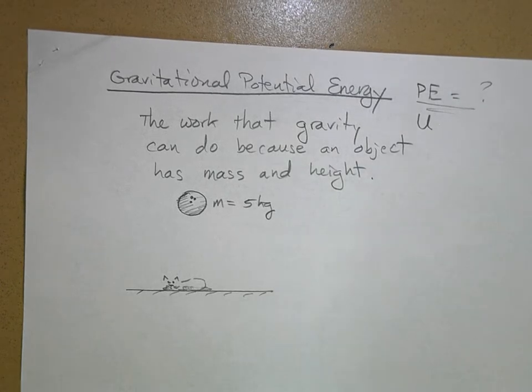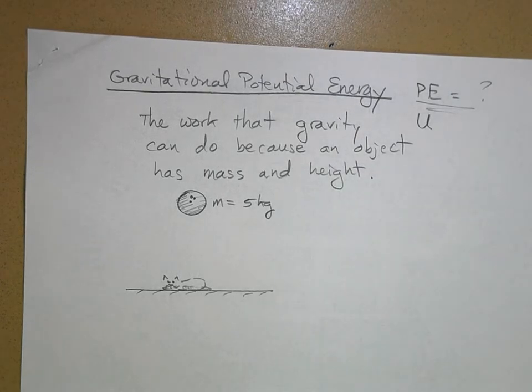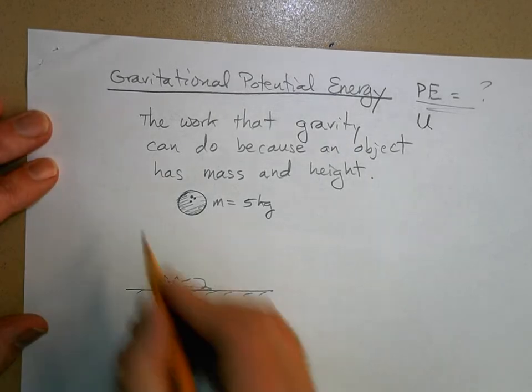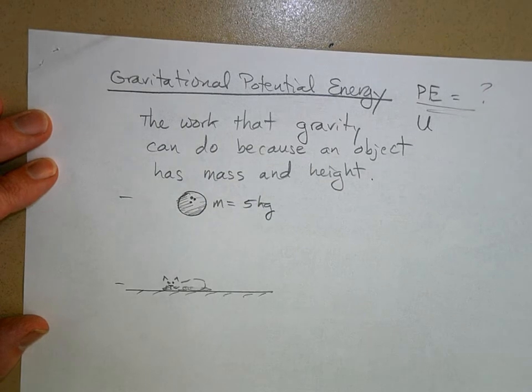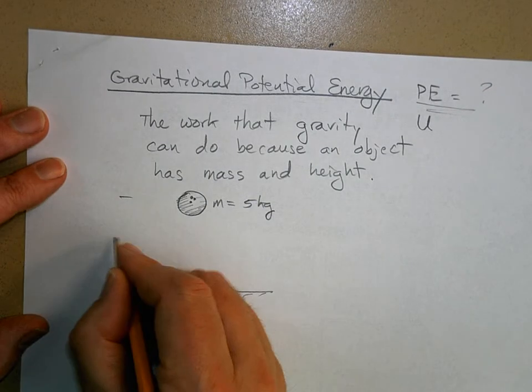So it has energy. But just as we figured out how much energy something had because it was moving by how much force through a displacement, we define gravitational potential energy the same way. It's how much work can gravity do? Well, the ball can fall a certain height.